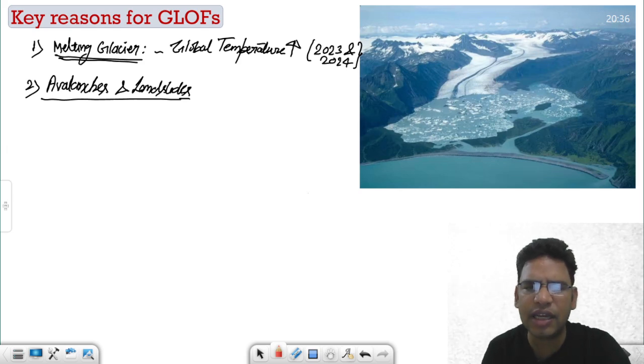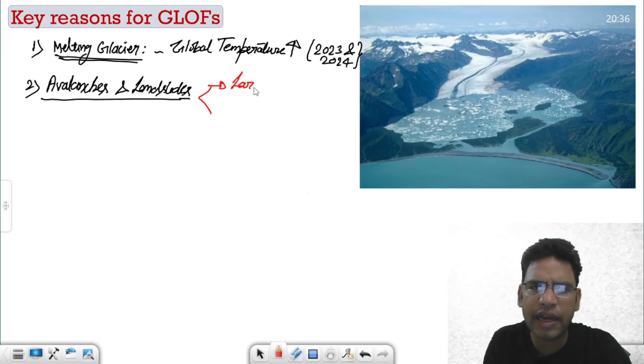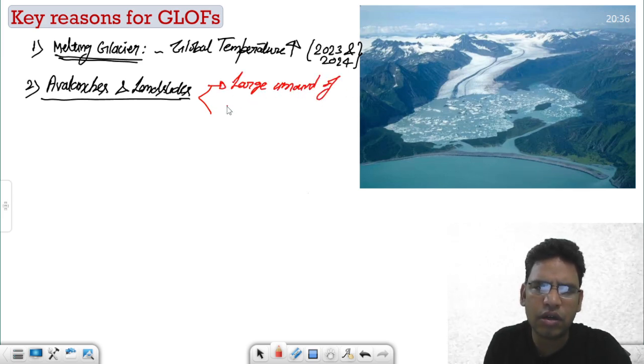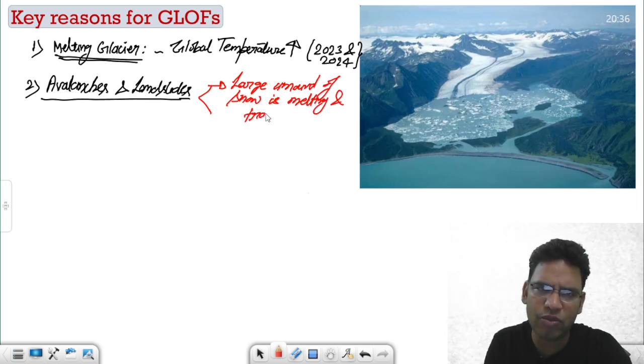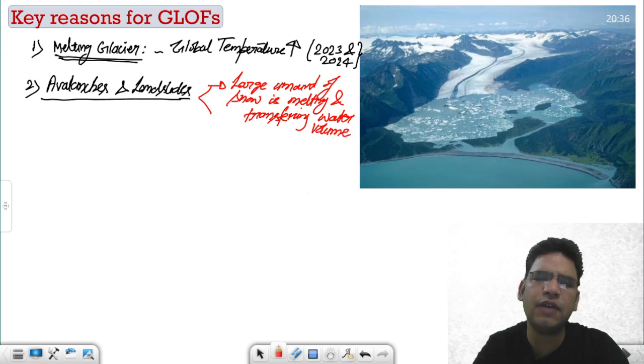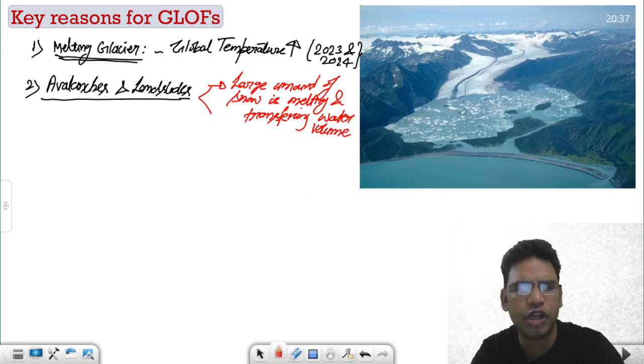So इसके कारण basically large amount of snow is melting and transferring momentum. ये तो मैंने ज्यादा साइंस बता दिया आपको, but transferring water volume, and this transferred water volume is going to cause some kind of GLOF.